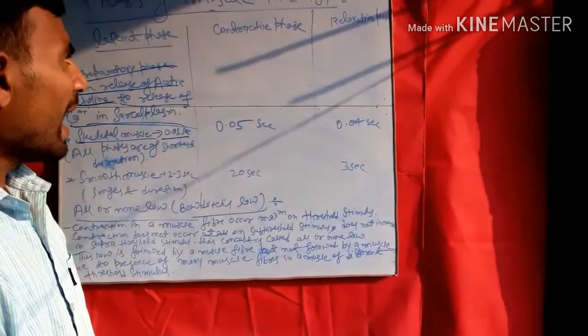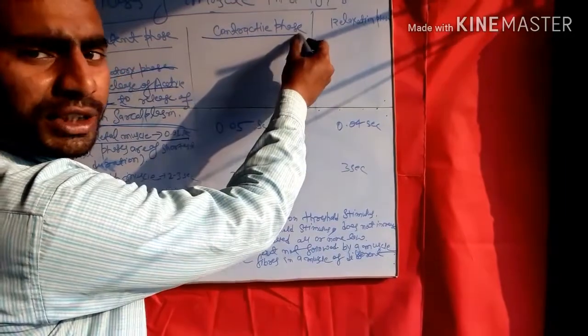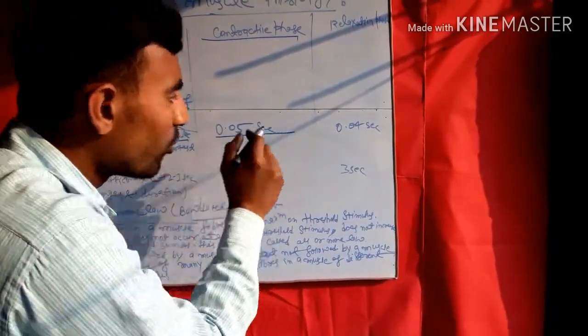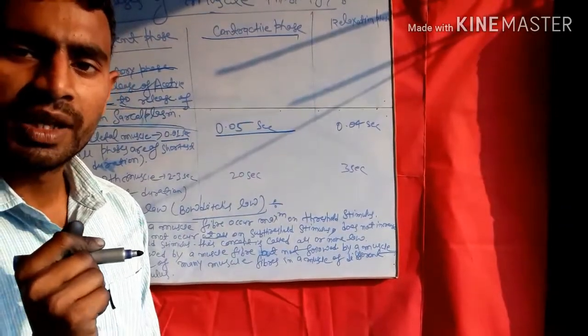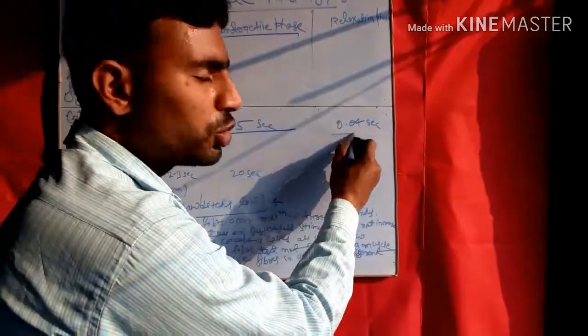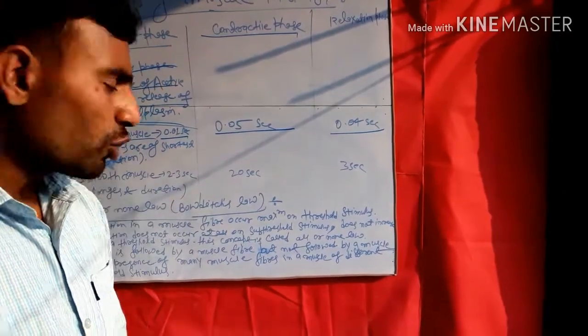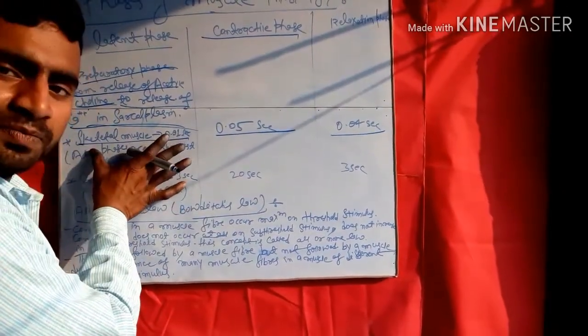The contractile phase of skeletal muscle is 0.05 second, and the relaxation phase is 0.04 second.